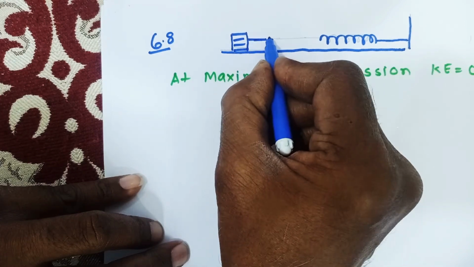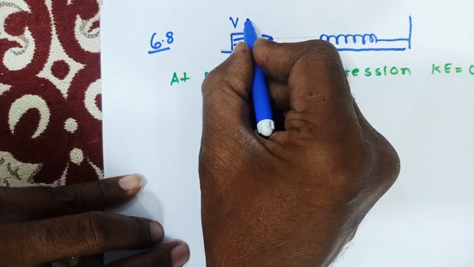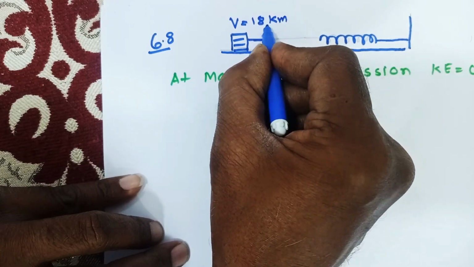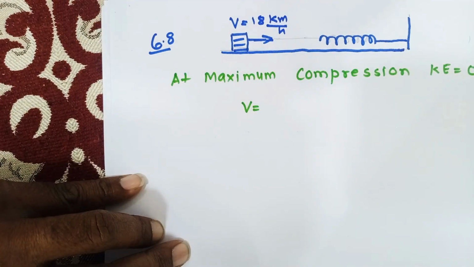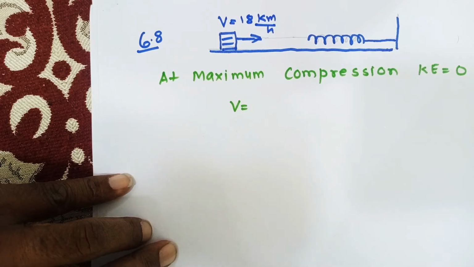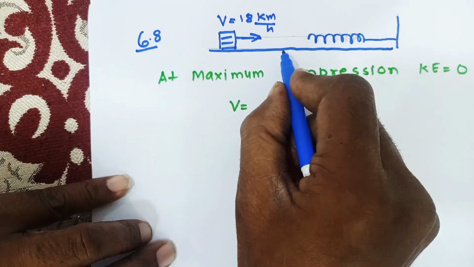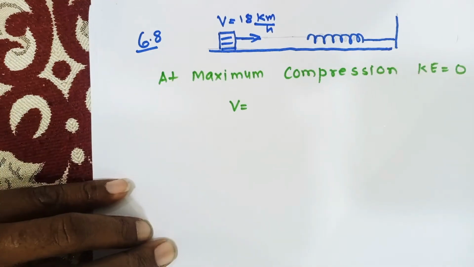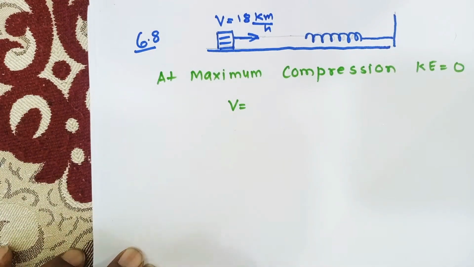The speed of the car is given, it is 18 km per hour. So when the car is moving, it will hit the spring and the spring will get compressed. So here the conservation of energy will take place.